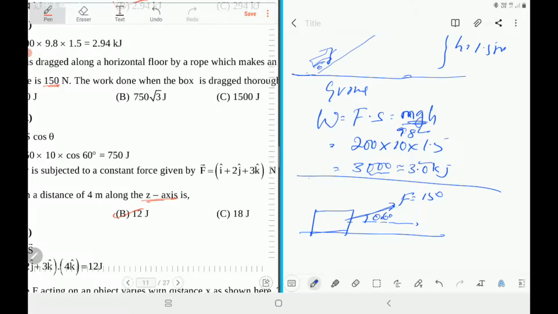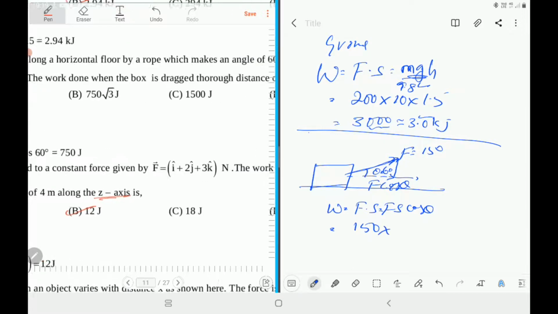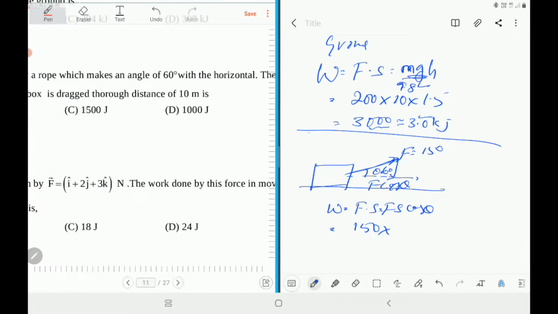As we discussed in the earlier synopsis part, a component of the force F, that is F cos theta, is doing the work. If you move it through a distance S, then the work done is force into displacement, F into S into cos theta. He says the force is 150 Newton and the distance through which the box is dragged along the surface is 10 meters.